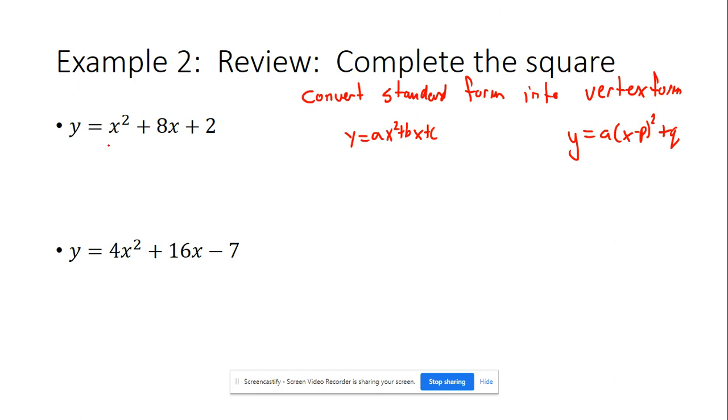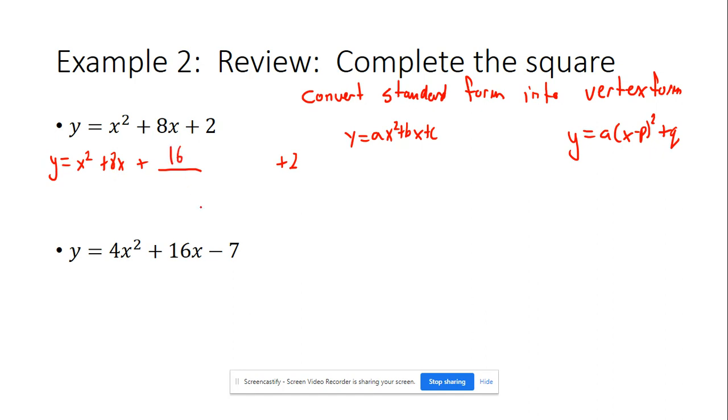Now, the strategy for questions like this was, we're going to write this plus 2 at the end here, but we need to figure out what we need to add here in order to complete the square. The way we did that was, half of 8 is 4, and then 4 squared is 16.